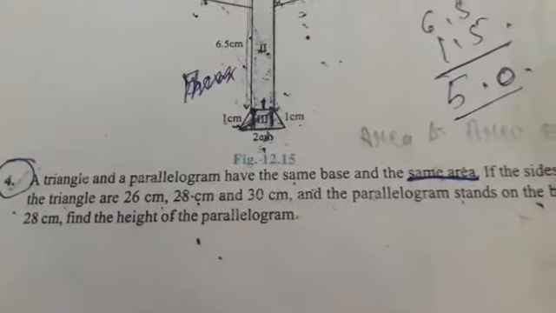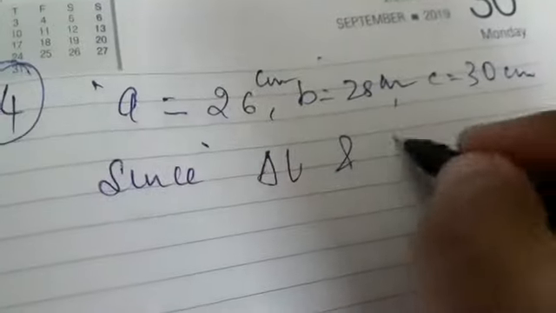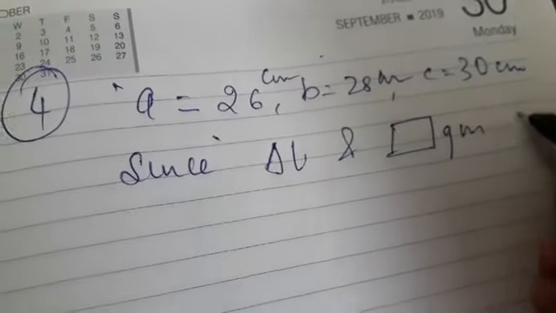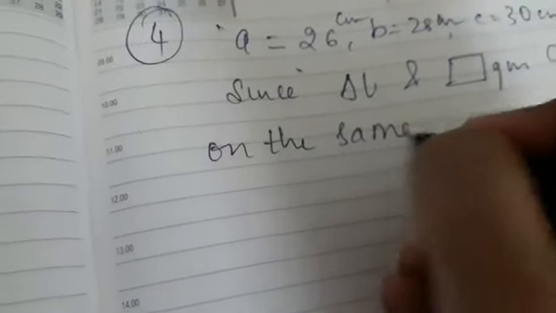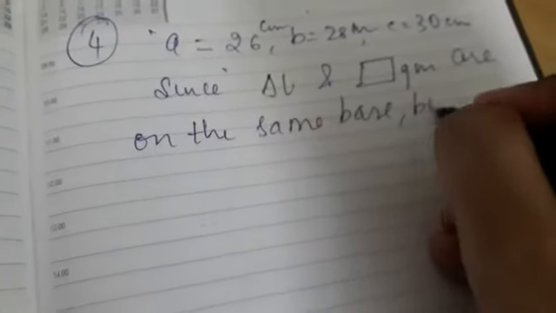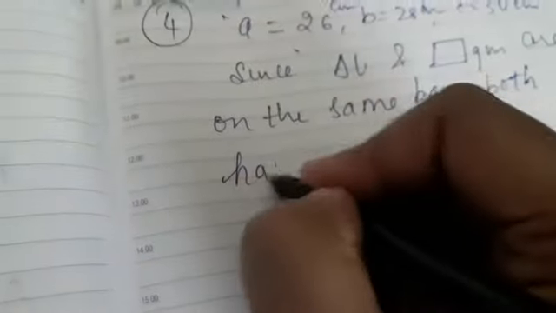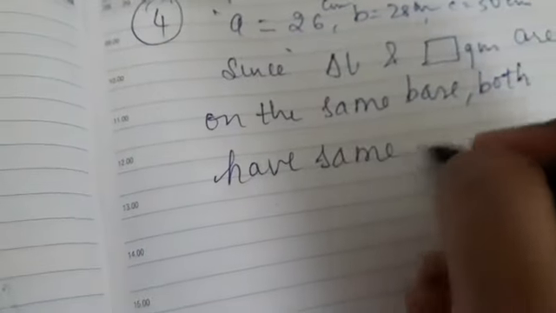Now we can write that since the triangle and parallelogram are on the same base, both have the same area. This point we will use.